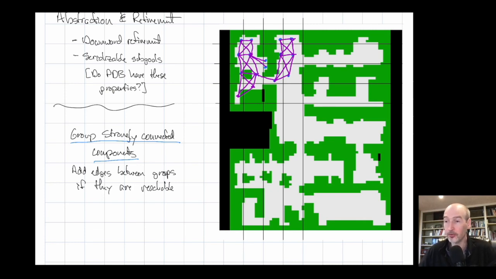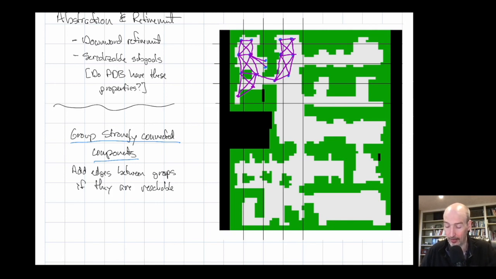There are some ways to handle this, to adapt something like compressed path databases to be something more akin to heuristics, but I'm not going to talk about this in this video. But the idea here is that these abstractions are very locally computed, and they can be very locally updated. So they're going to be very effective in domains that are highly dynamic, and where the memory overhead of trying to do some computation is too large.